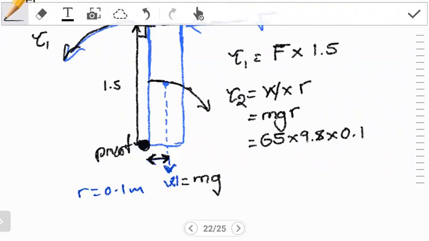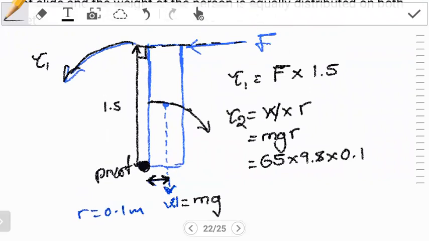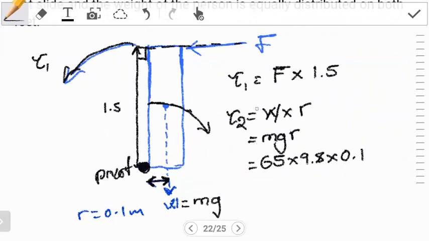Let's say you first have a force being applied such that when you multiply it with the height, that 1.5, the product is less than the clockwise moments. Then definitely the clockwise moments are more effective, so the system does not rotate in the anti-clockwise manner.